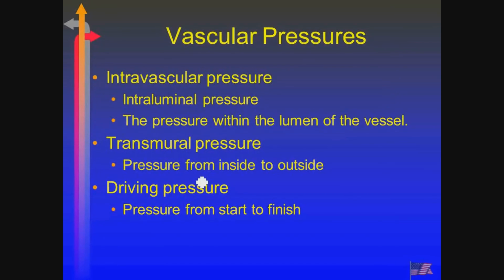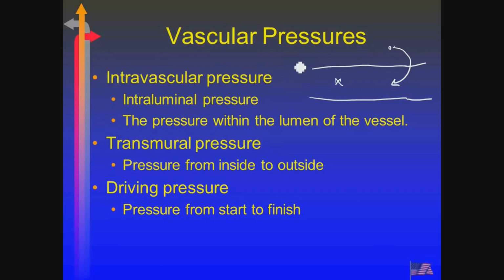There are 3 different pressures that you should be aware of related to blood flow through a vessel. One, there's a pressure inside, which we'll call intravascular or intraluminal pressure. There's a transmural pressure, which is the pressure across the wall, so the pressure outside versus the pressure inside.